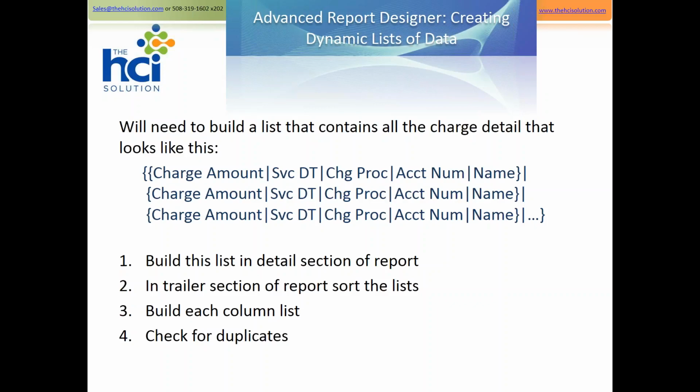Each list member is going to be one group of 5 different fields: the charge amount, service date, charge procedure, account number, and account name. Those will all go together with one single charge.